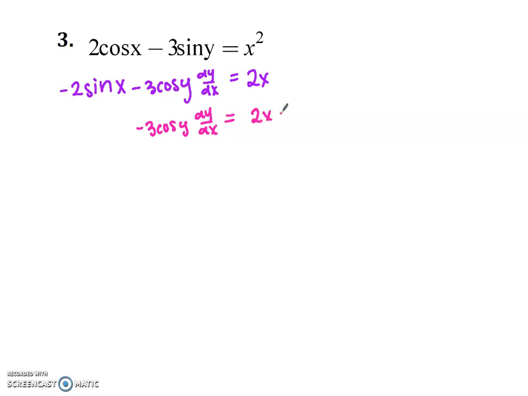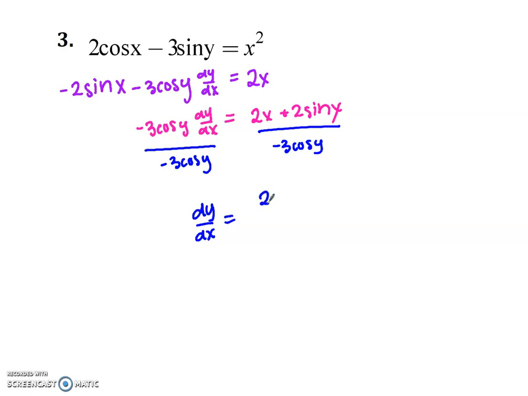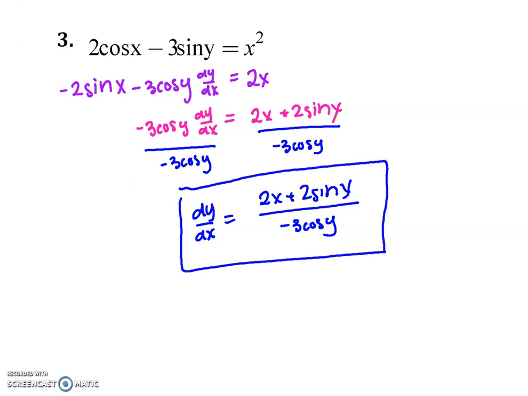So that'll give me 2x plus 2 sine of x. And then my last step is just to divide by what's with the dy/dx. So dy/dx is going to equal 2x plus 2 sine of x over negative 3 cosine of y. Okay. Now you could GCF a 2 out of this, but since it won't reduce with the 3, I am just going to leave it like this.